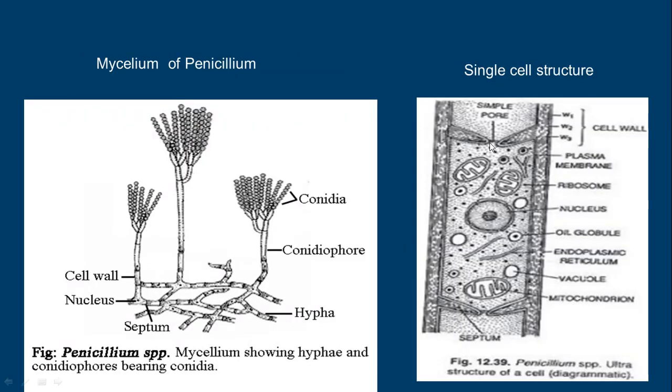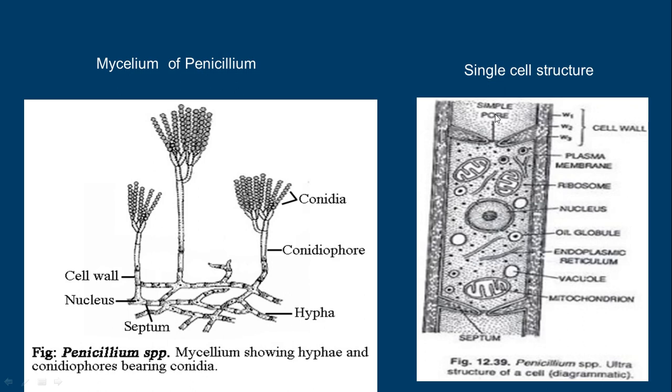Now here in this diagram, this is the septa with a simple pore, and this septa containing hyphal cell is the septate mycelium. Here this pore in the septa has the purpose of maintaining cytoplasmic continuity from one cell to another. What does it mean?